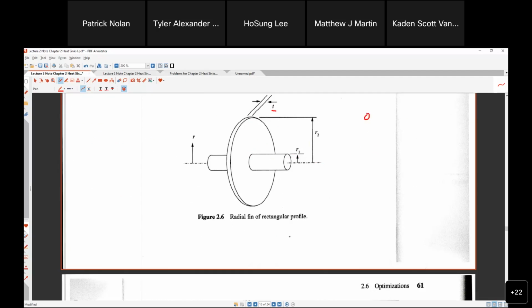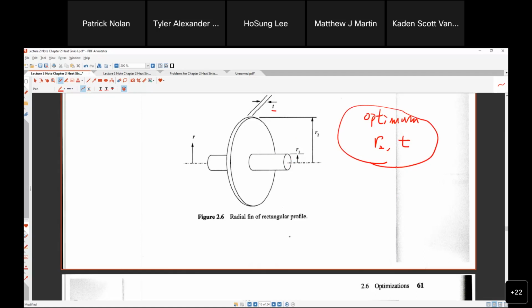Obviously, the optimum is R2 and thickness, because R1 is given, usually no optimum. So this is a question. Okay. Similar discussion.